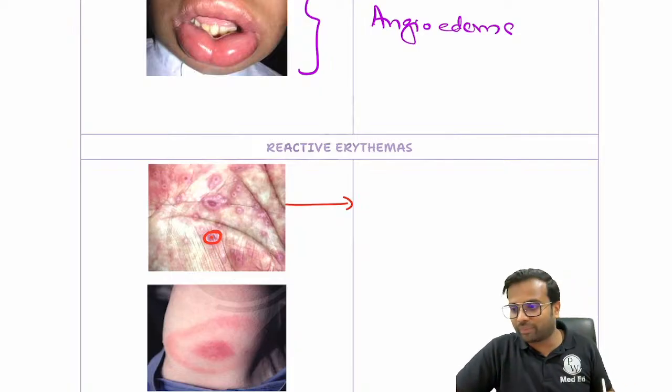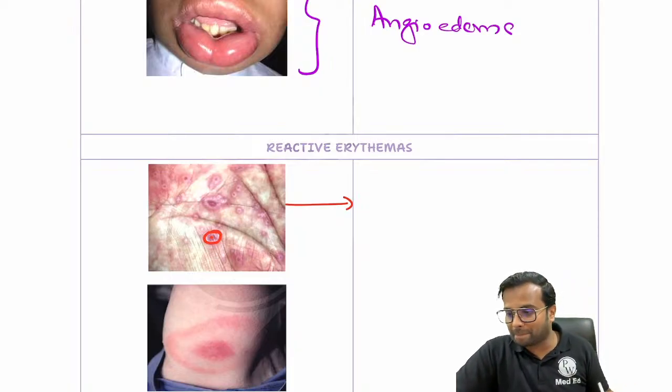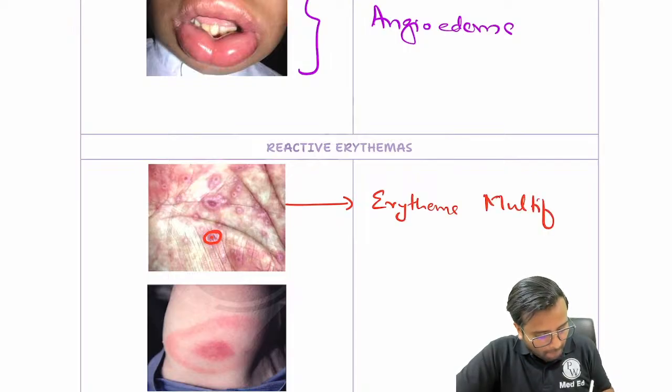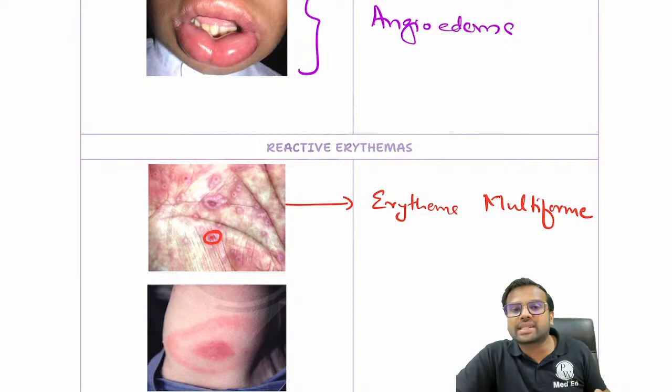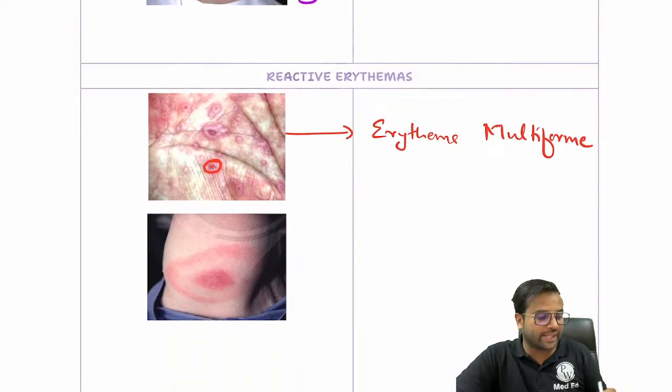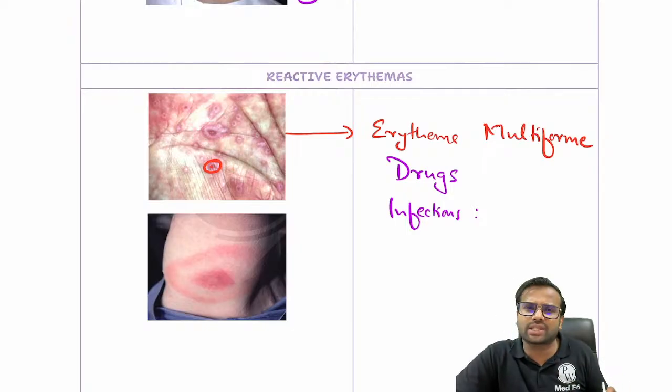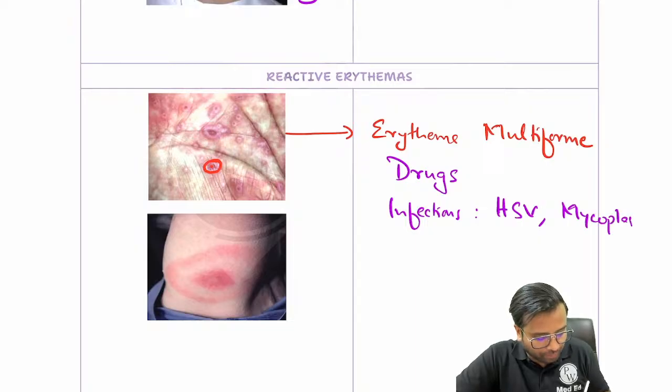So this one is called erythema multiforme. It can be seen due to a lot of causes. It can be caused by drugs or by infections. Which infections? Herpes simplex virus or mycoplasma.